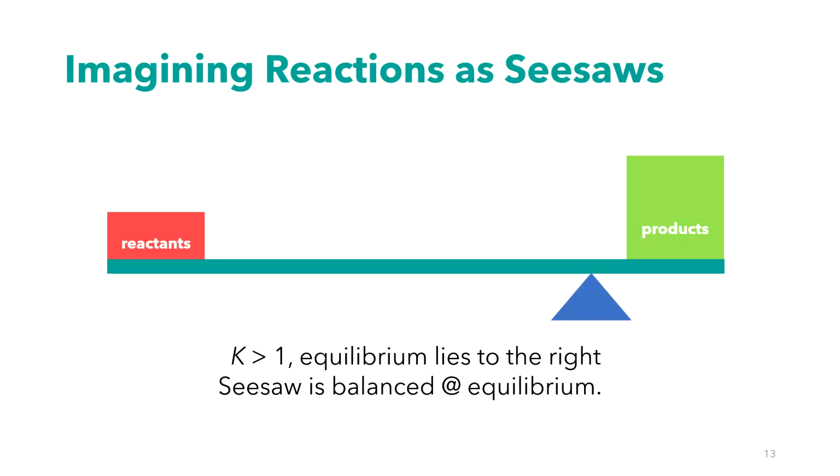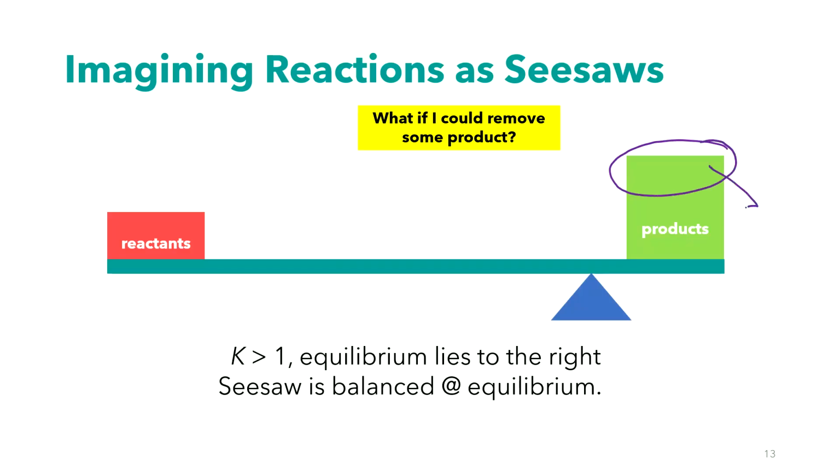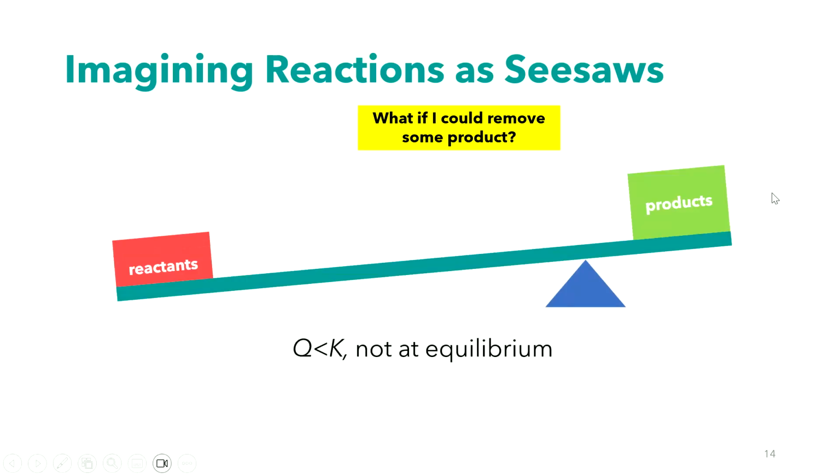So here I have K greater than 1, which just means that we favor products at equilibrium. If I can figure out a way to isolate the products and pull it out, right? If I take that, then I'm now out of balance. I have too many reactants because I pulled products out. This is a lovely, easy way to make your reaction move forward.